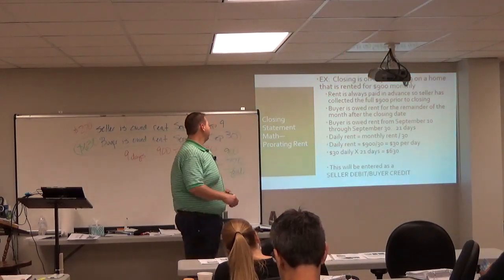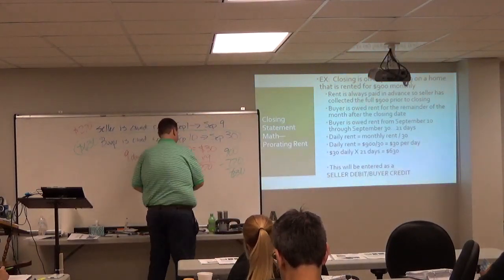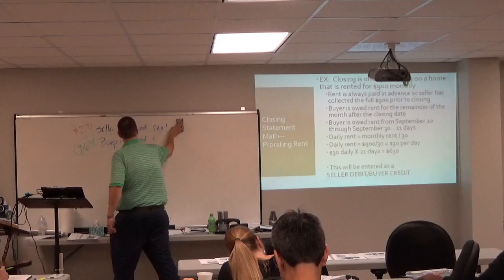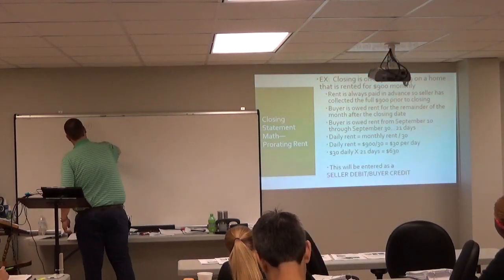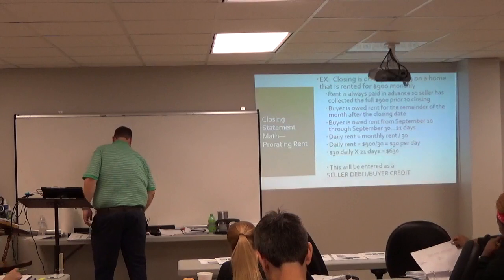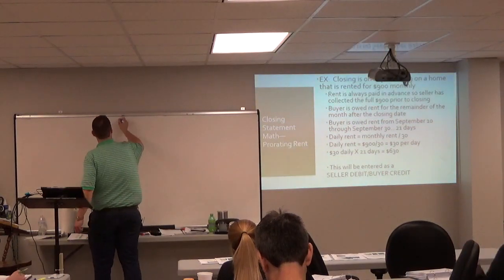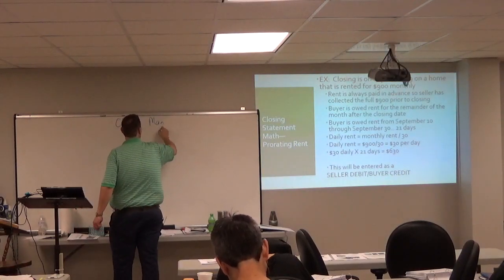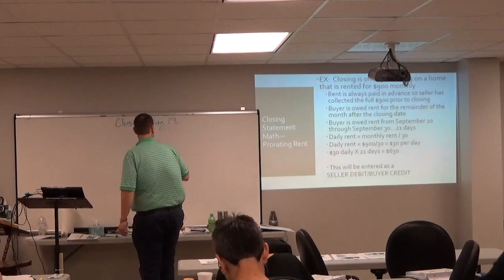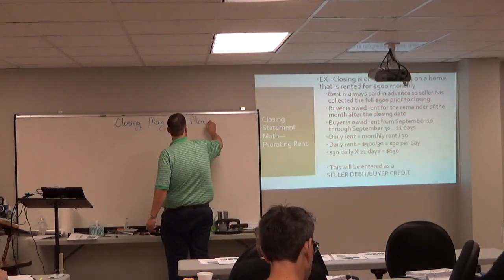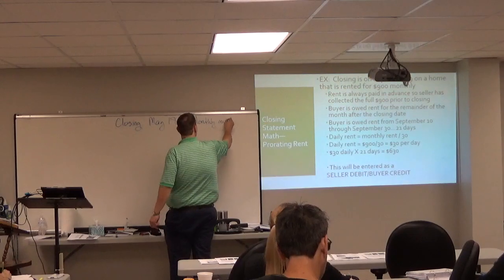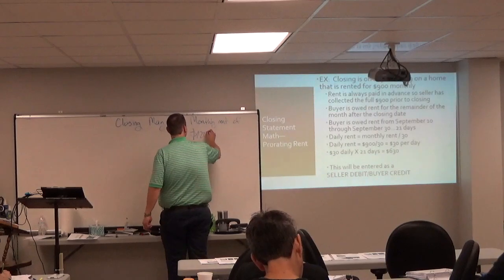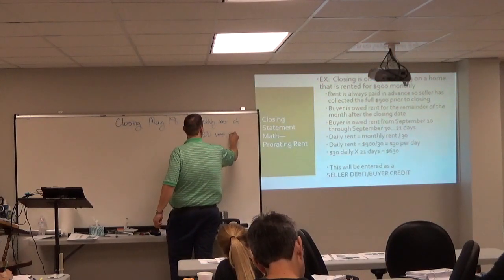Okay? Let me give you guys one real quickly to do for yourself, just to make sure you're good on a rent proration. Let's say we're closing May 18th, and the monthly rent of $1,200 was collected by the seller.